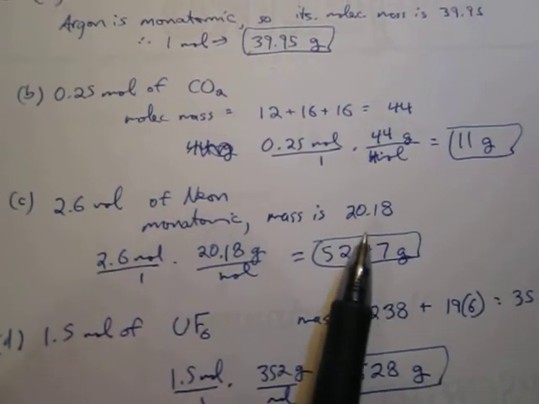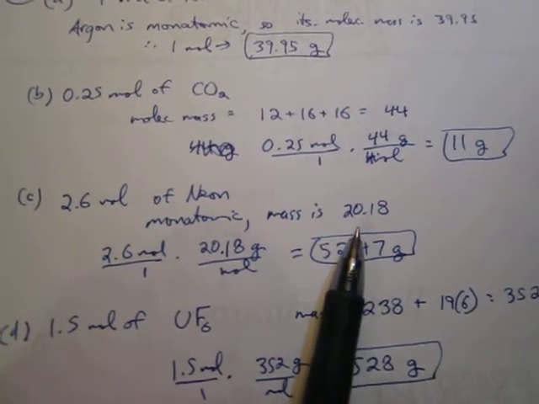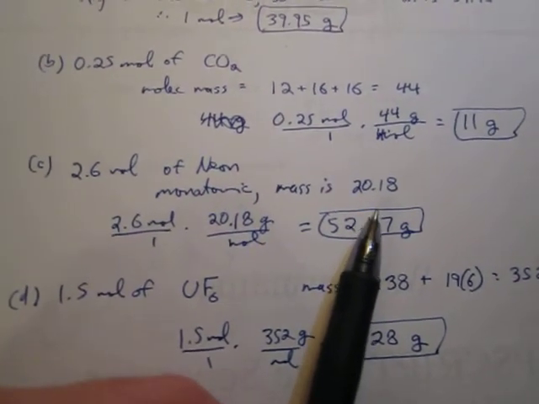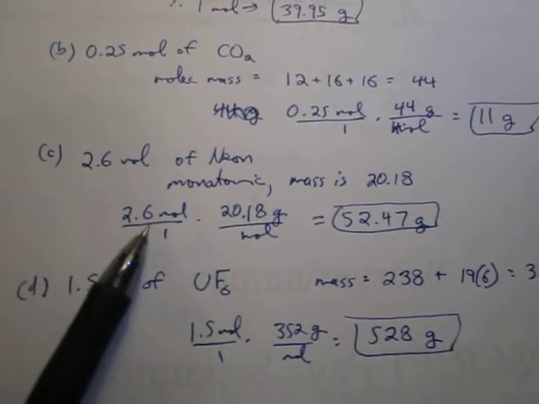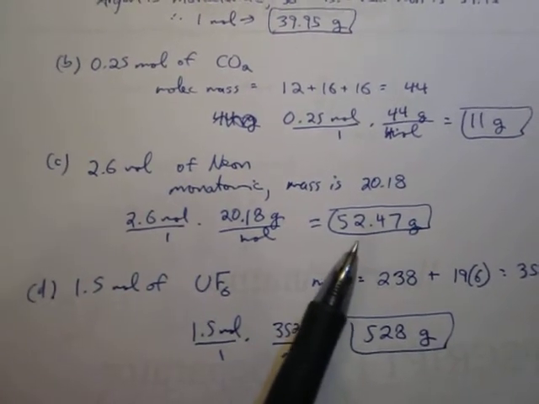Here, it's not so close. Rounding this down to 20 will bring you off a bit, so let's go with the 20.18. 2.6 moles times 20.18 grams per mole gives us 52.47 grams.